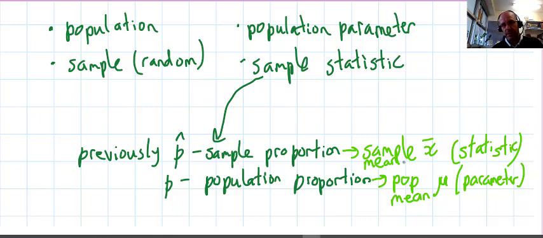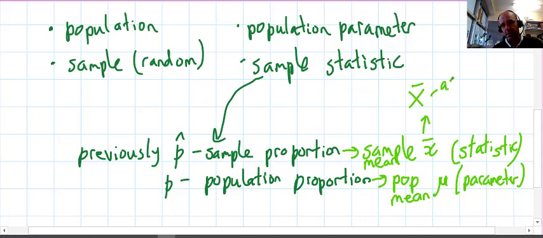Now please note at this stage, you've probably seen this idea for all the distributions you've studied. If the sample mean is lower x bar, it's random, and the associated random variable is uppercase X bar, because lower x bar is the statistic, which is an estimate of the population parameter.